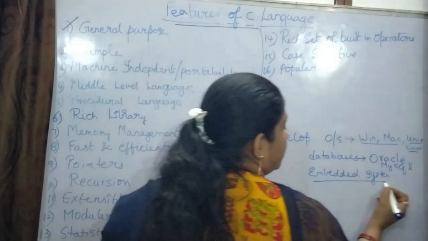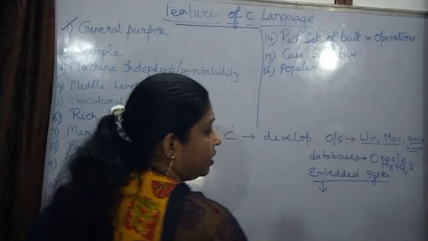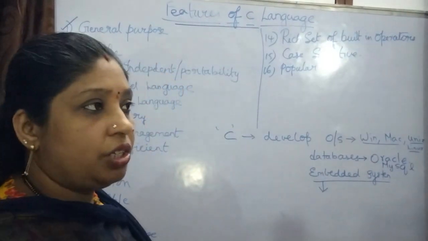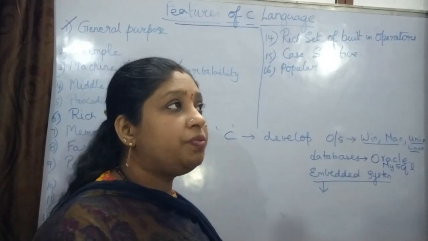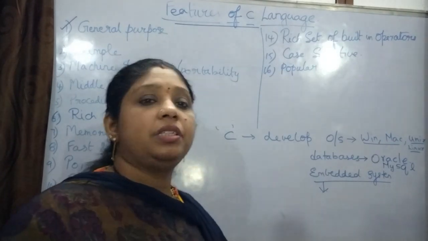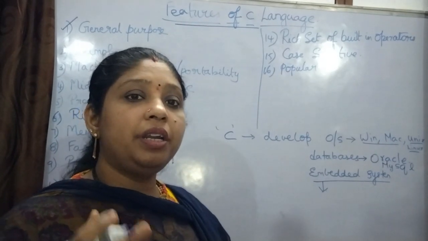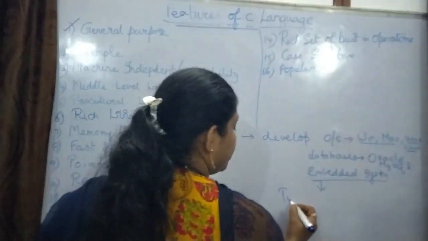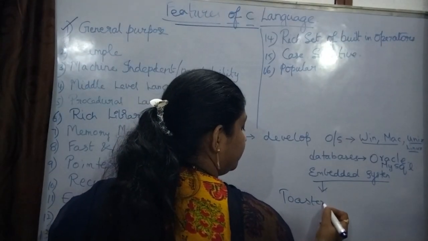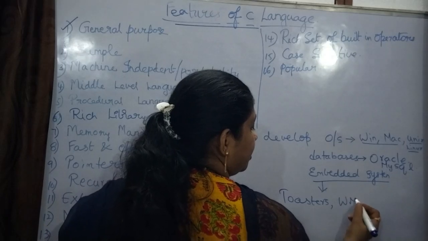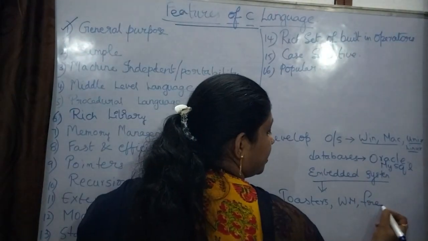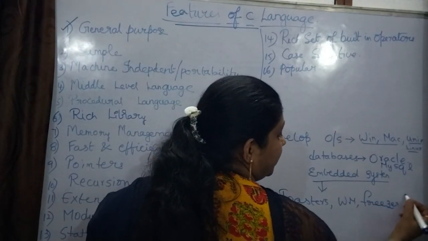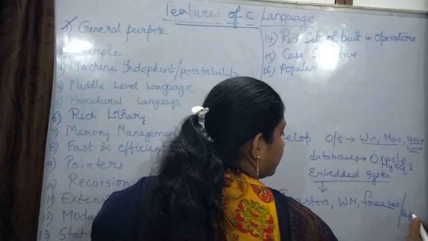And embedded systems are the applications created by C language which are embedded in electronic devices like toasters, washing machines, freezers or refrigerators, whatever it is.